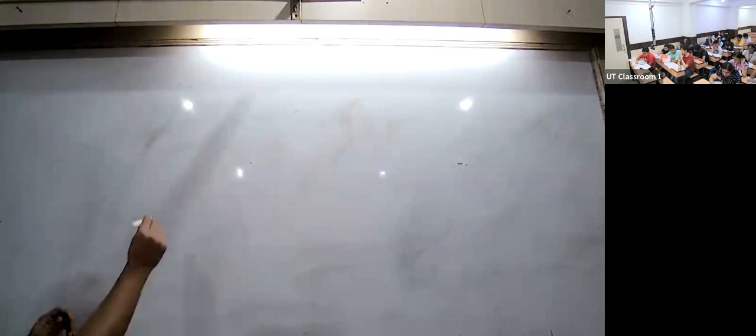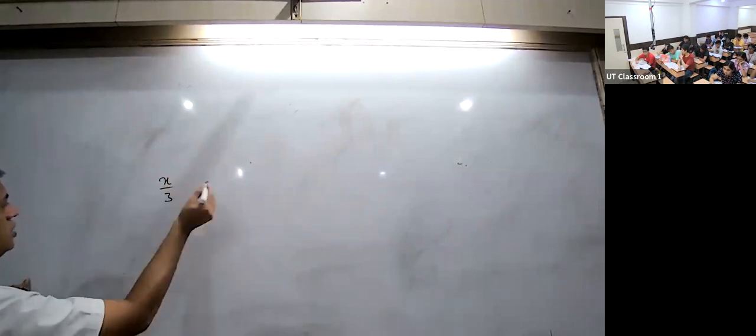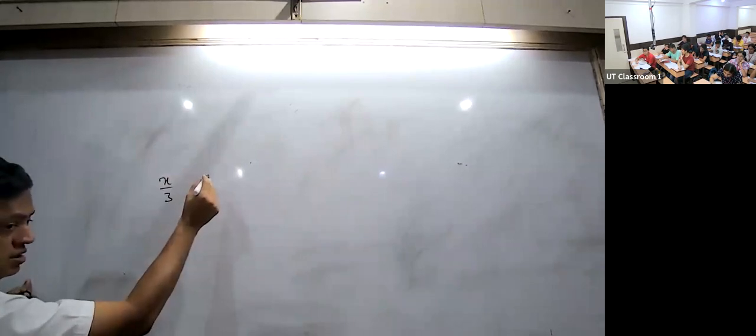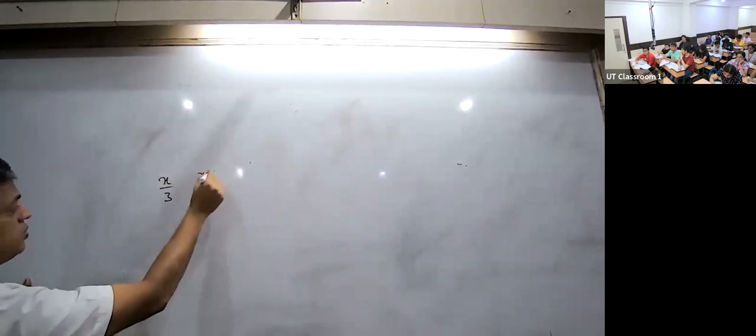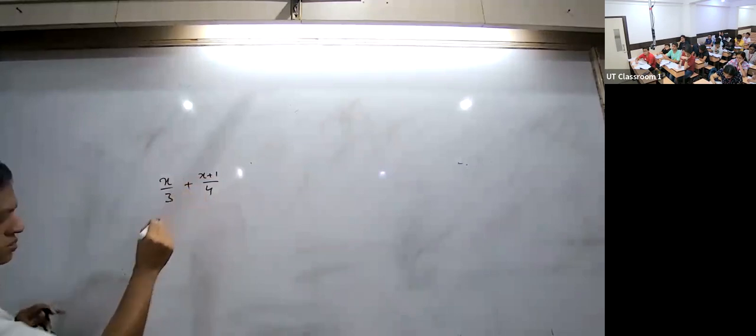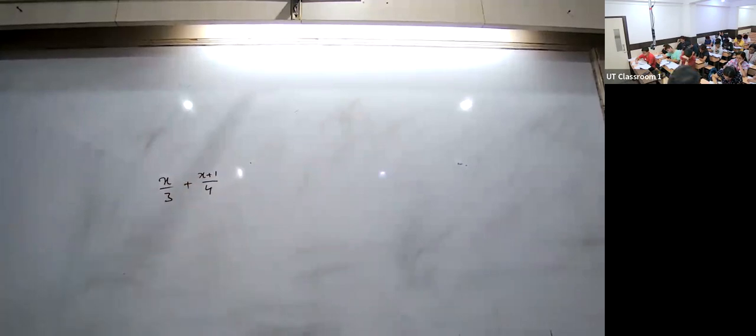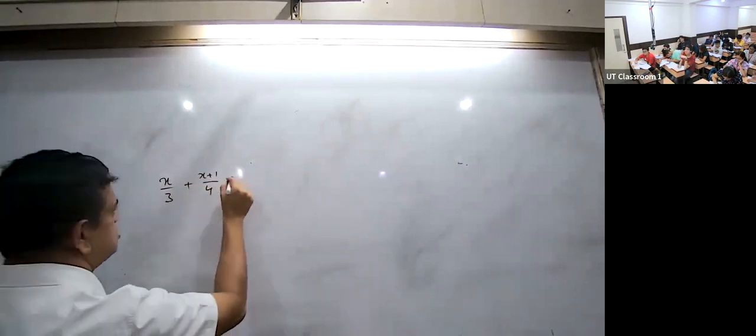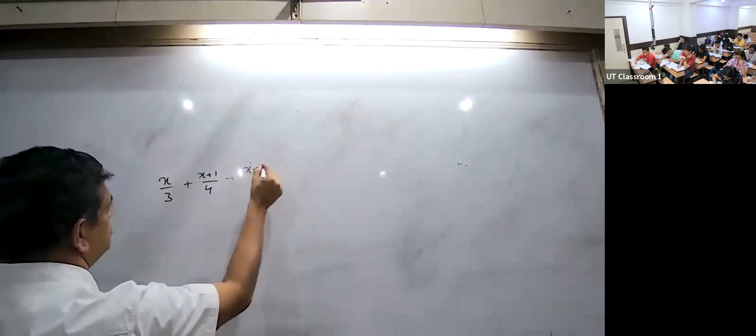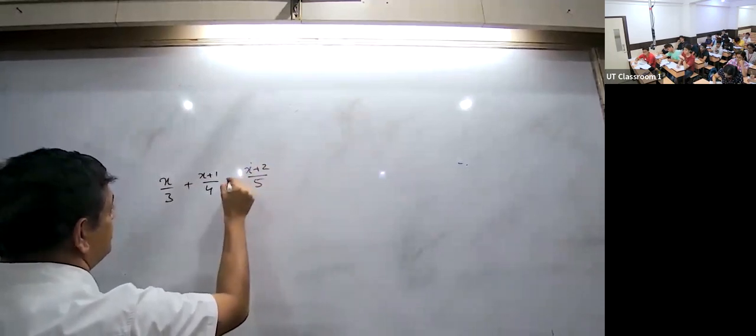Now, sum of what all things are given? Sum of 1/3 of the first means x by 3. Then 1/4 of the second means x plus 1 by 4. And 1/5 of the third, x plus 2 by 5.